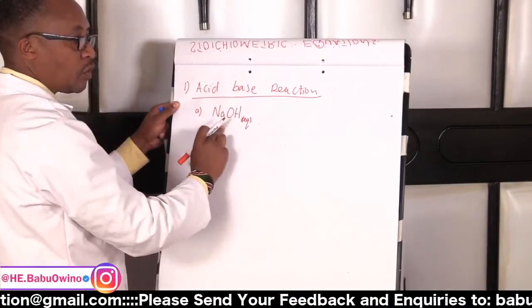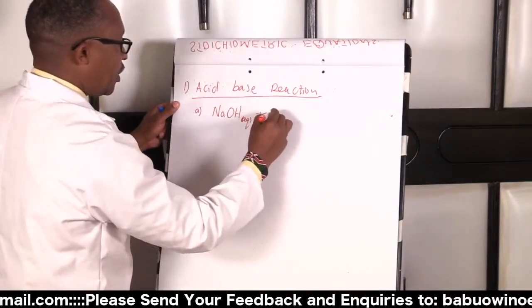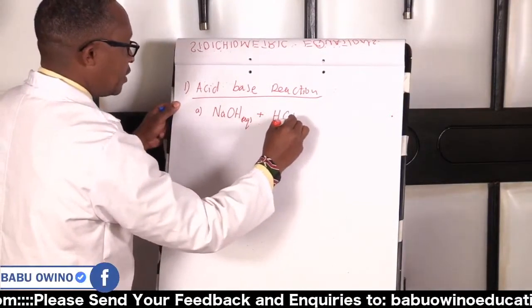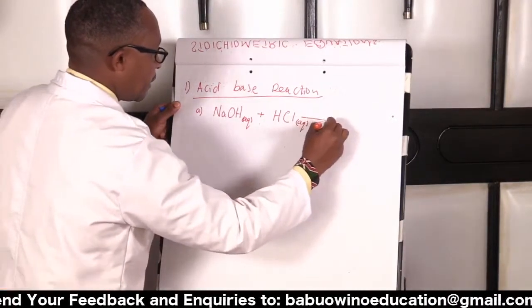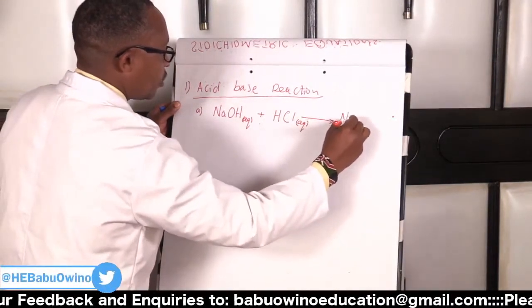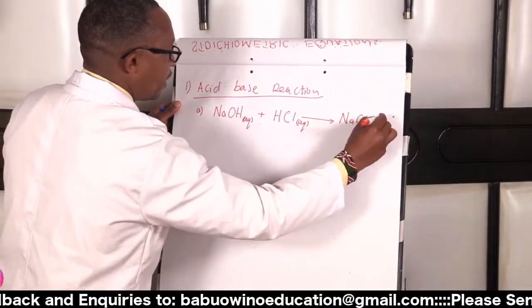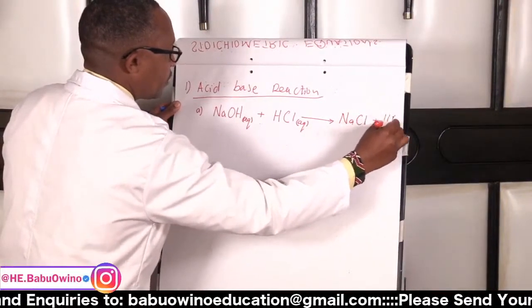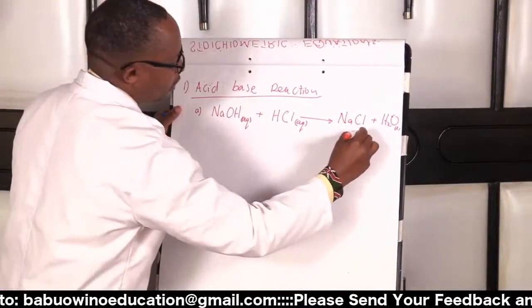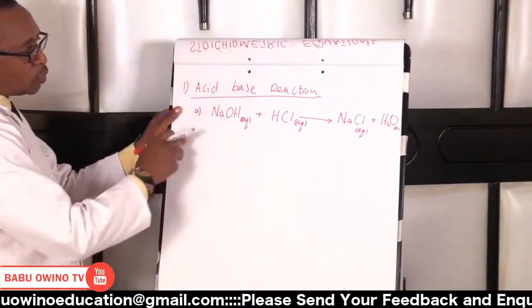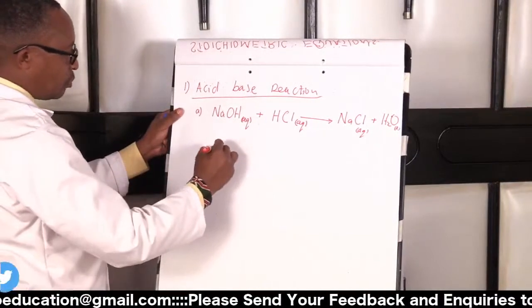It's a soluble salt. Combining with hydrochloric acid, aqueous. This would give us sodium chloride plus water. Now, for purposes of this lesson, to know the products is very, very simple.